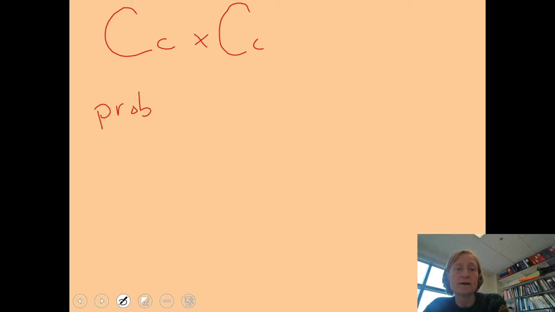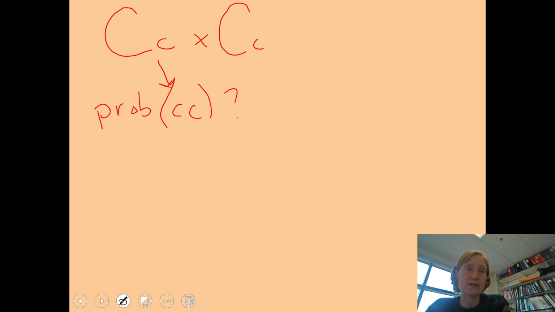So here's the question, really. Here are my parents. They're heterozygous. What's the probability that they have a child with cystic fibrosis? What's the probability of getting the little c from mom and the little c from dad? What's the probability of getting a little c from mom, or from this first parent?